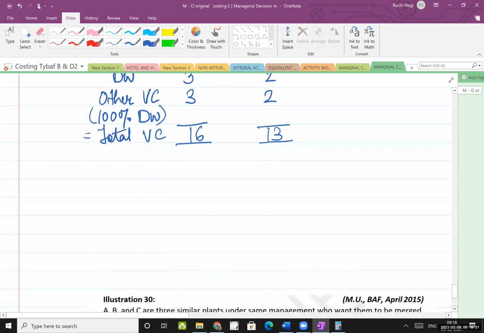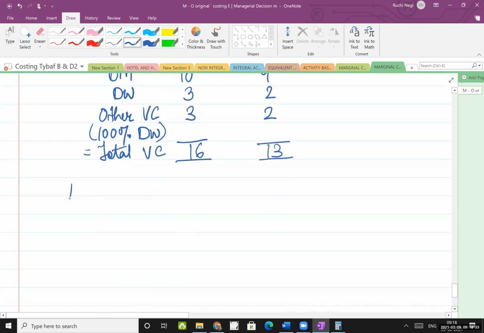Marginal contribution per unit. So for that I need to make a marginal cost sheet. Sorry. Marginal cost sheet. That too per unit we are calculating now.